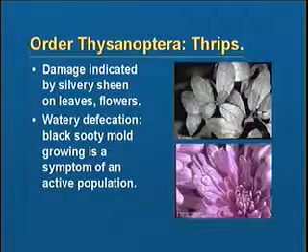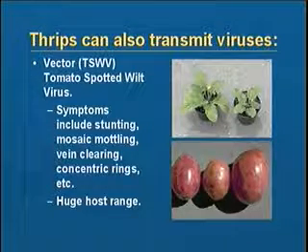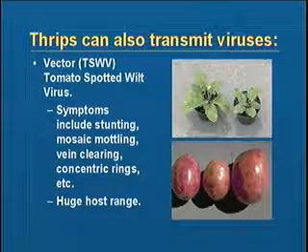So sometimes you might get a sample and just have an indication of thrips damage, but you might not see the actual insect. They also transmit this very serious virus, tomato spotted wilt virus. It's got a range of symptoms: stunting, mosaic mottling, vein clearing.